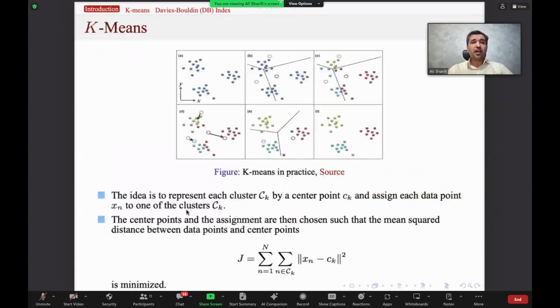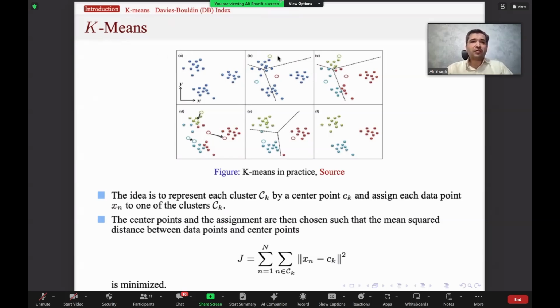One of the most widely used clustering algorithms is called k-means, and k is a parameter, the number of clusters that we initially decide. So for this figure, let's say we already know that these samples belong to 3 clusters. So we set this parameter k equal to 3.